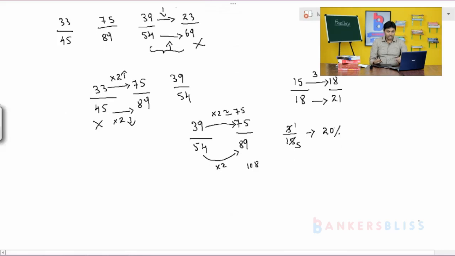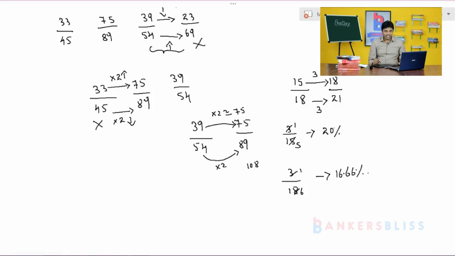How about the denominator? In the denominator also it is increased by 3. So 3 divided by 18, 3 ones are 3, 3 6s are 18, so 1 by 6, that is 16.66%. So the numerator is increased by 20% and the denominator is increased by 16.66%, means the numerator increasing rate is more than the denominator increasing rate.